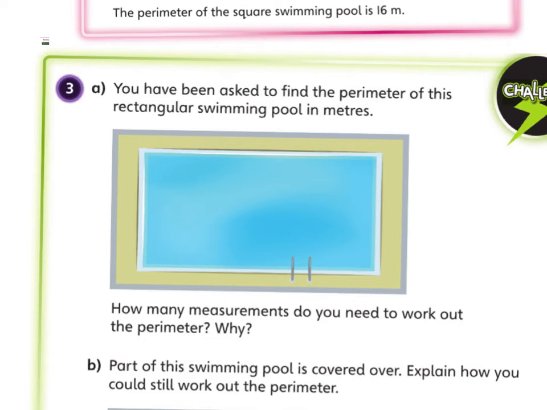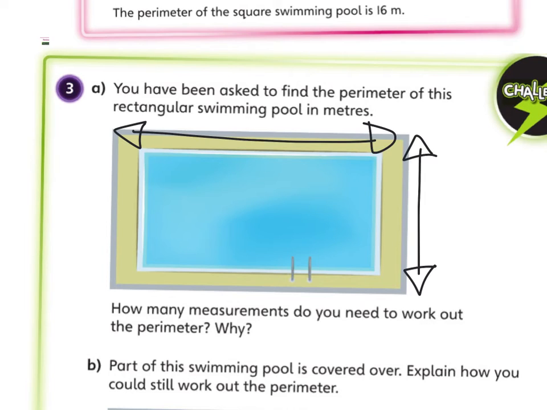Okay, because it's a rectangle, we have the length of one side, we have the width of one side. Do we need to know anything else? Not really, because it's a rectangle, isn't it?